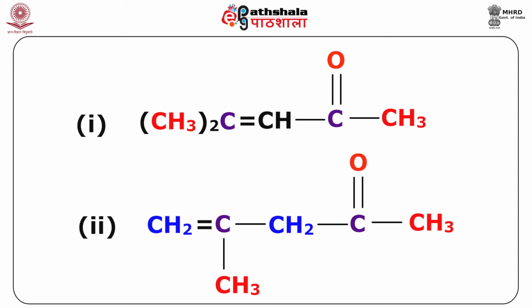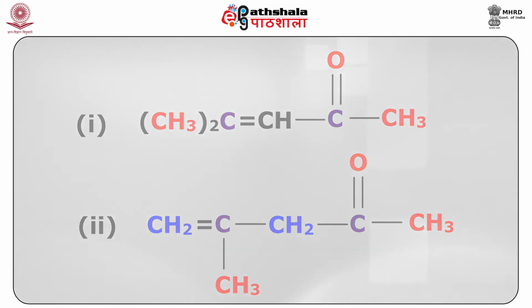As you can see in the structure, it is conjugated. The carbonyl is conjugated with the double bond present. However, in compound 2, the double bond is separated by a methylene group, thus the conjugation is broken. Thus the same band appears at a shorter wavelength.